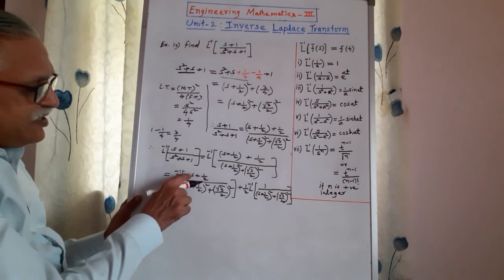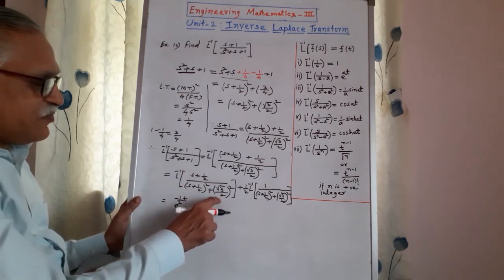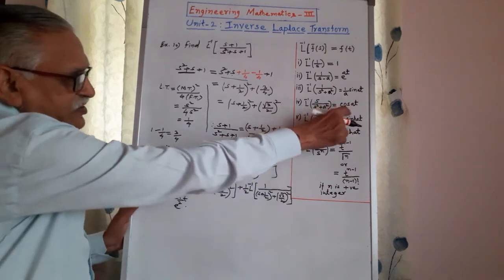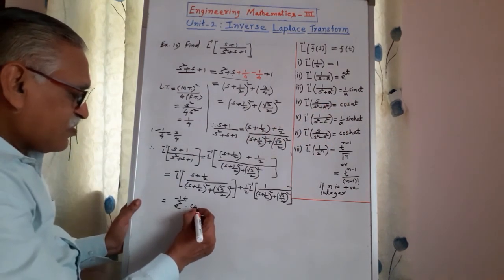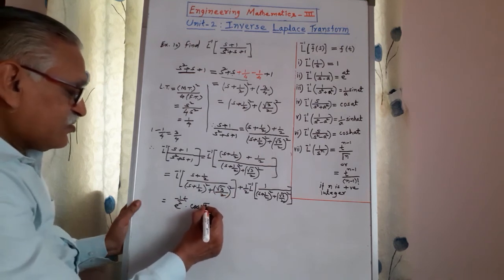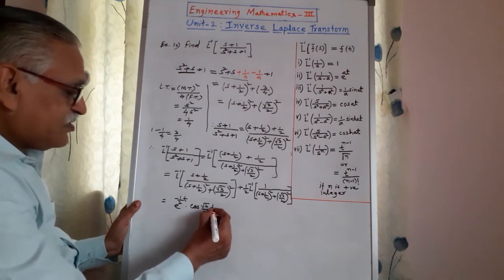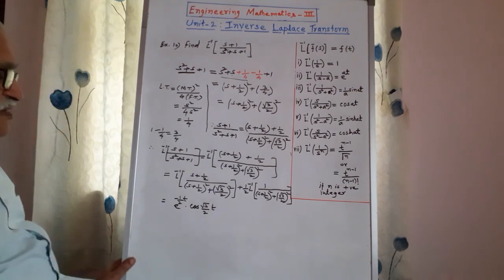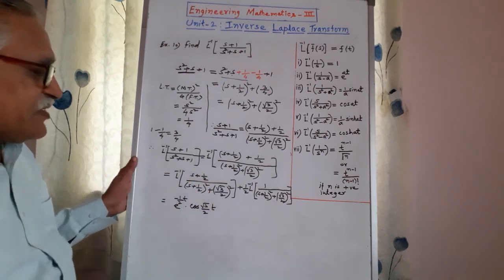What is the remaining term? s upon s square plus a square, its inverse is cos of at. Therefore it is cos of root 3 by 2 times t. We get the inverse for this by applying the shifting theorem.